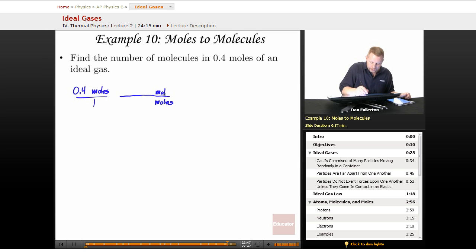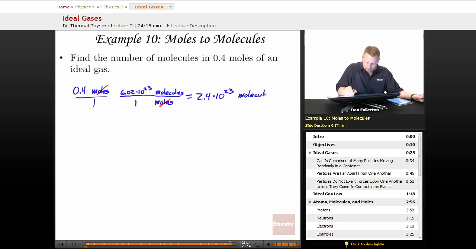I want molecules as my unit, and now I need to make sure I'm multiplying by a value of 1. 1 mole is equal to 6.02 times 10 to the 23 molecules. My moles units will cancel out, and I'll be left with 0.4 times 6.02 times 10 to the 23 molecules, which is 2.4 times 10 to the 23rd molecules.